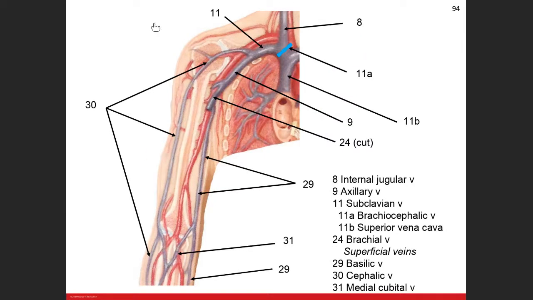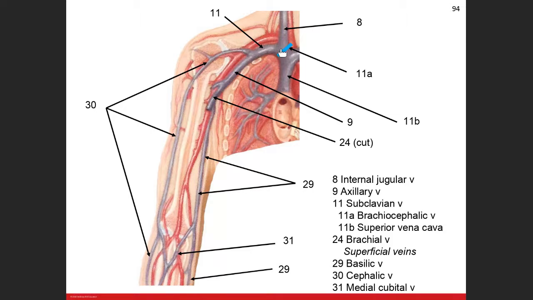Okay. So I'm going to start with the heart again. This blood vessel that drains the upper part of your body is the superior vena cava. And the superior vena cava forms when your right and left brachiocephalic vein join together.